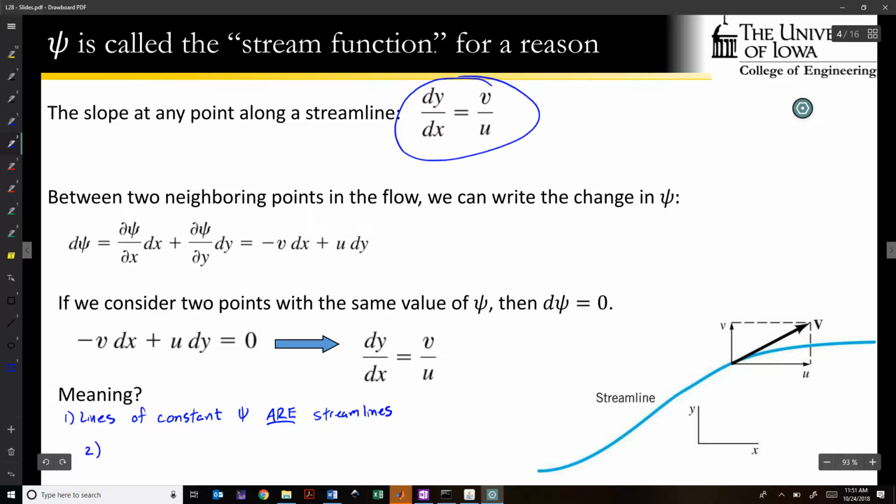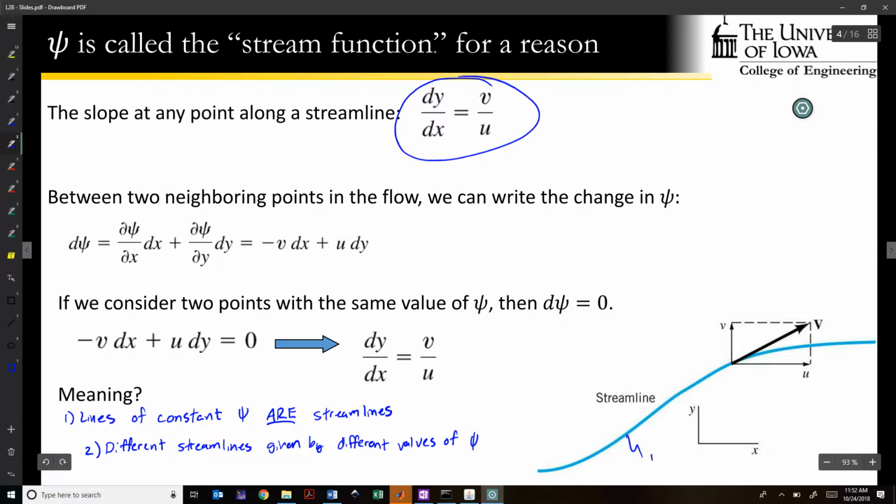It also means that different streamlines are given by different values of psi. So we have a streamline here.